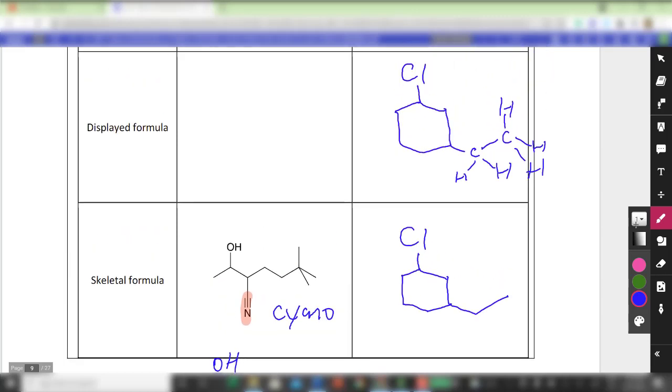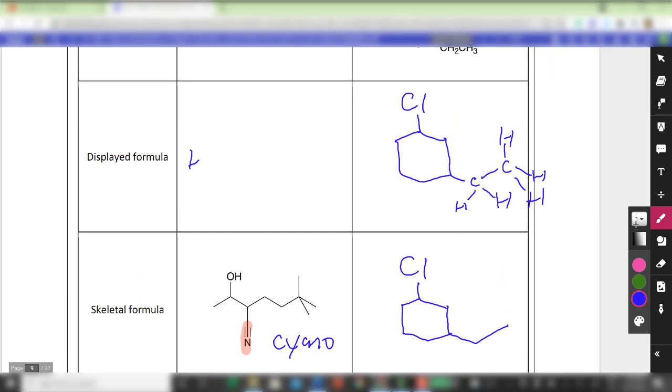Okay. For the displayed formula, it is really troublesome. So you have to draw out every single bond. But yeah. So I'm not sure whether I can tell you to rest assured that we will not test you in exams, but you know, sometimes if you need to draw the displayed formula, we will test you.